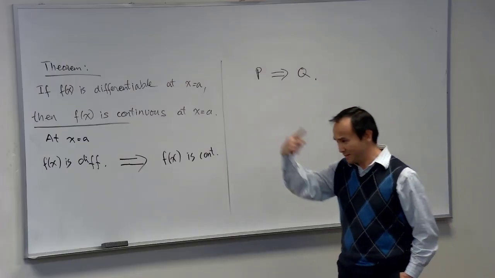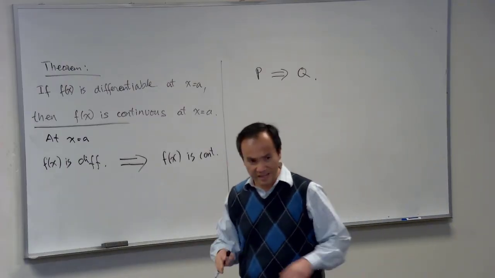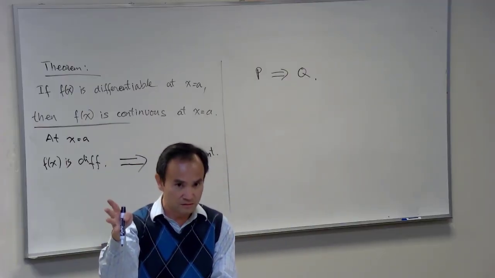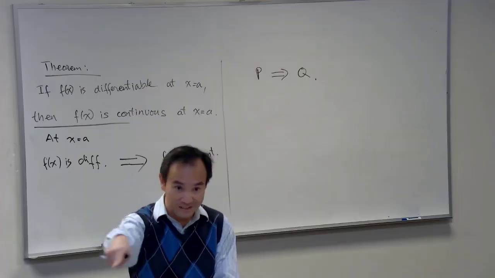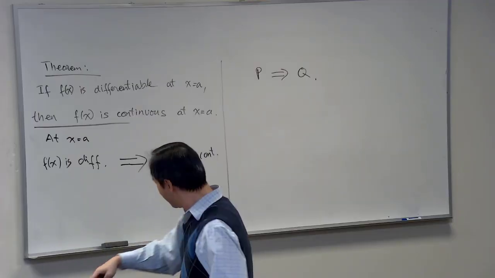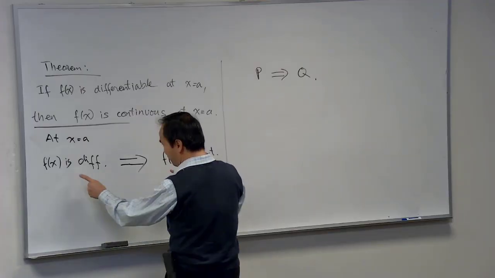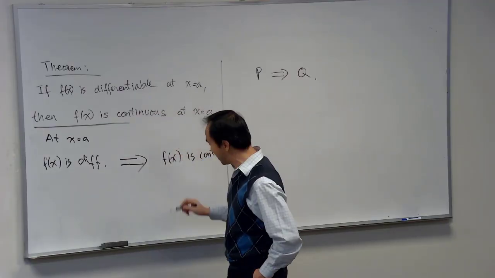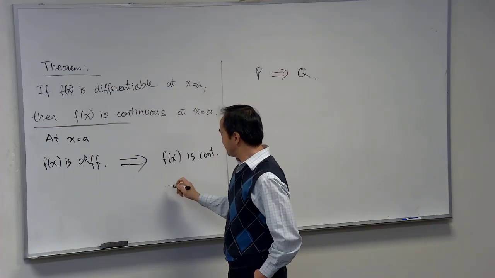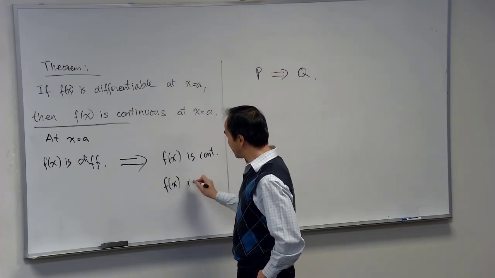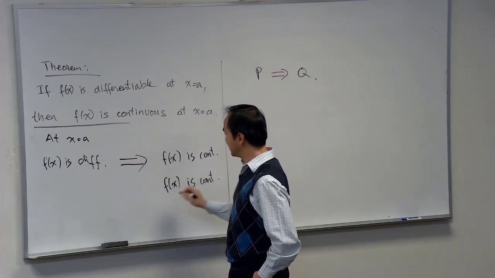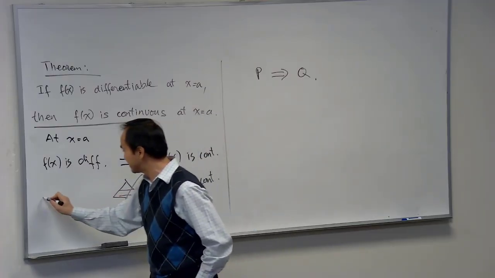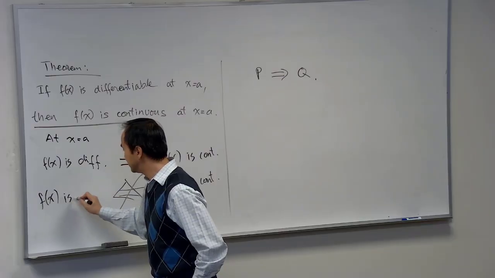But think about the rain and the wet ground here. If the ground is wet, does that necessarily mean it's raining out there? No, because people can use sprinklers and all that. So even if one conditional statement is true, the opposite way, knowing that f is continuous, does not imply back that f of x is differentiable.